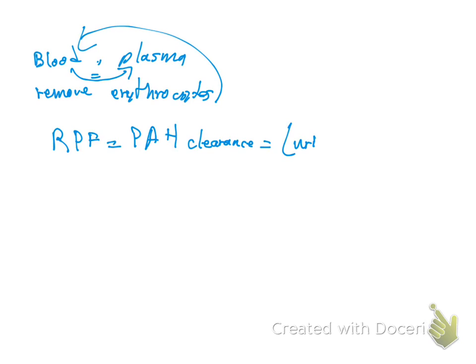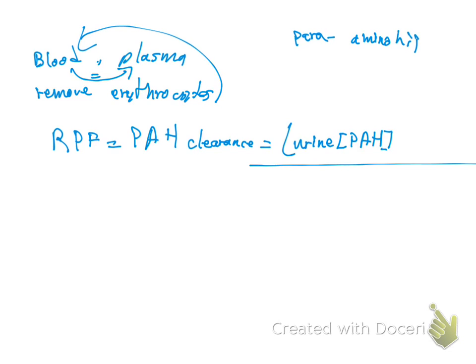It is equal to the urine. I'm going to have urine here, with one numerator and another denominator. In the urine I'm going to look for the PAH, which is para-aminohippuric acid. Para, amino, hippuric with two P's, and then acid.